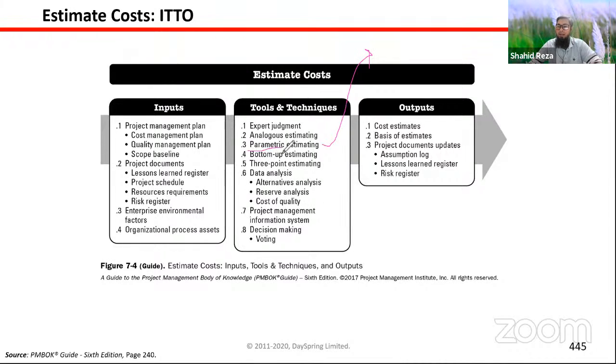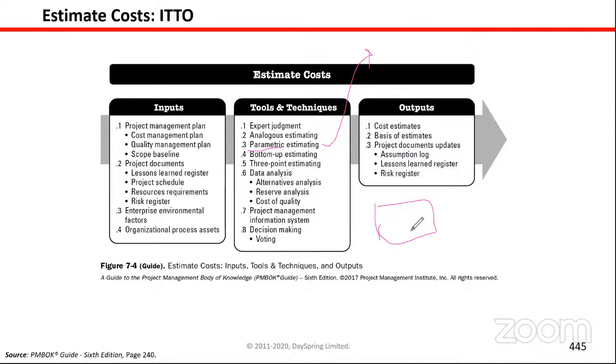Parametric, using some parameters or arithmetic. What we said there was, say, 200 square feet of floor, we want to. It's a statistical relationship, used to tell the relationship between the historical data and other variables.